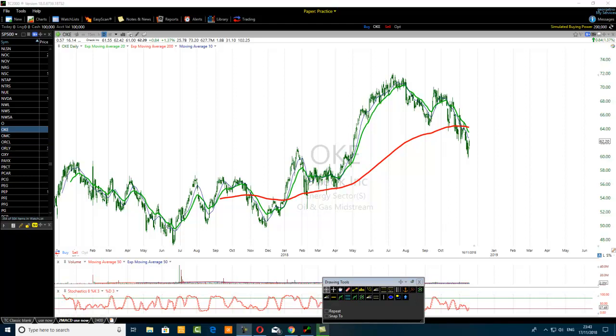The second step. Now the third step consists of using channels. There it is. A lot of people, there it is. Channel. There was a channel there, roughly. It went up a bit. So whenever you see a channel on a daily chart, you can use that channel by projecting the channel.